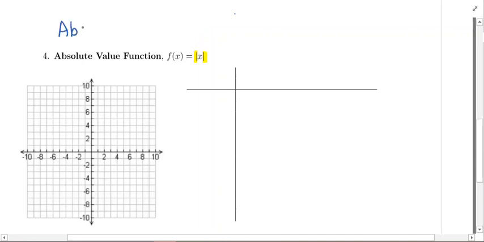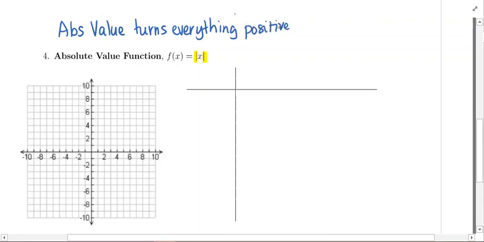Okay, so I'm going to write that here. Absolute value turns everything positive. That's what you need to remember. If you have a negative number and you take the absolute value of that negative number, the absolute value is going to turn that number positive.